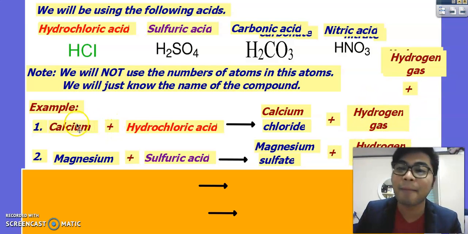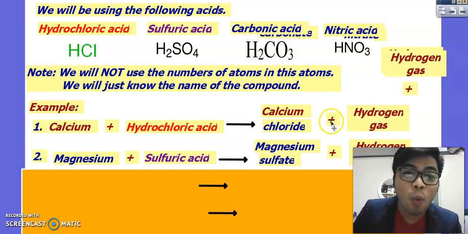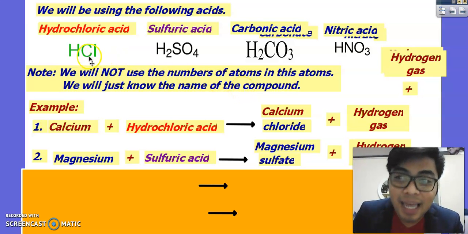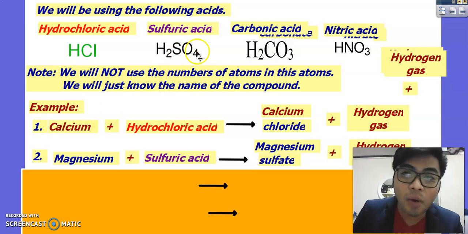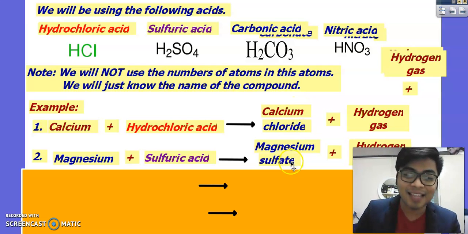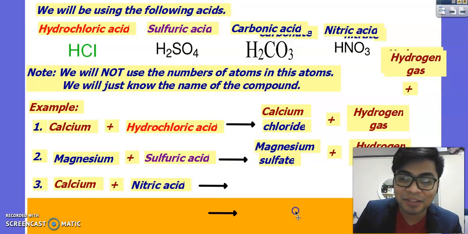Notice in examples number 1 and 2, what we did with the H is we just released them. The Cl combines with calcium in number 1, and the SO4 combines with magnesium in number 2, which gives us magnesium sulfate here and calcium chloride there. Okay, let's take a look at example number 3.